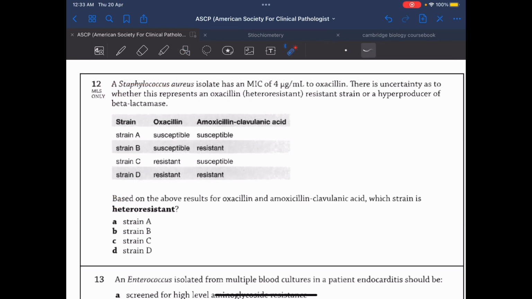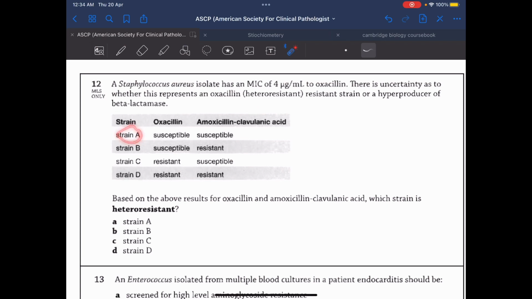Question number 12. A Staphylococcus aureus isolate has an MIC of 4 microgram per ml to oxacillin. There is uncertainty as to whether this represents an oxacillin heteroresistant strain or a hyperproducer of beta-lactamase.